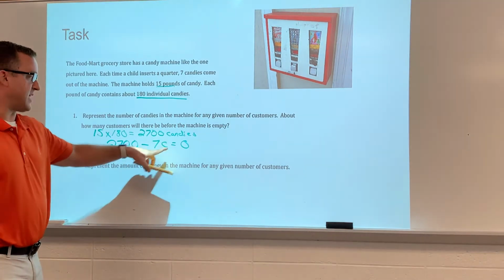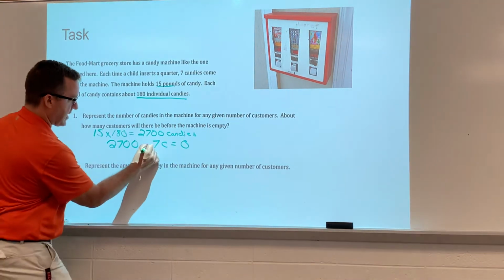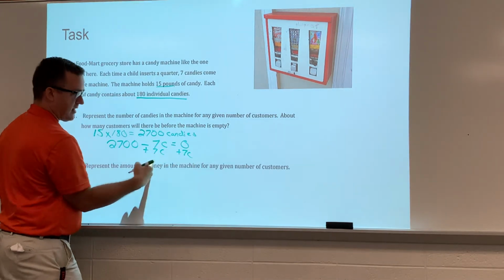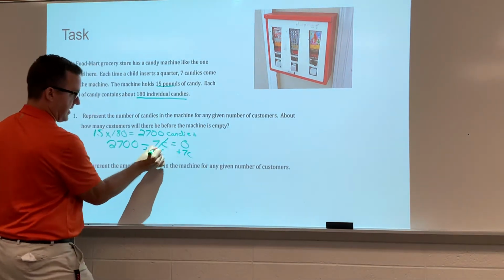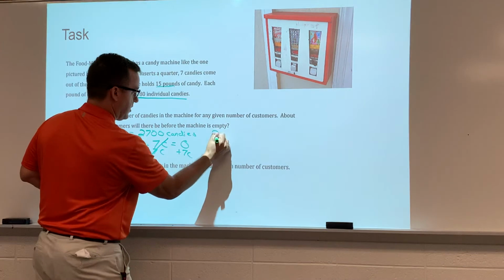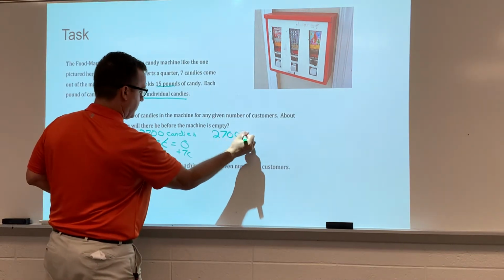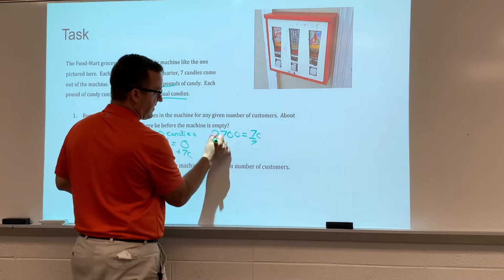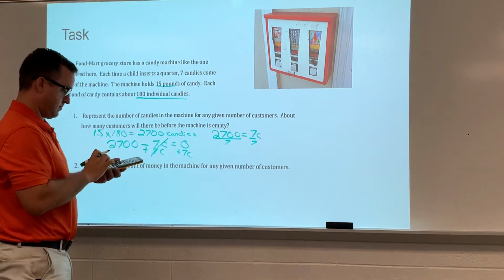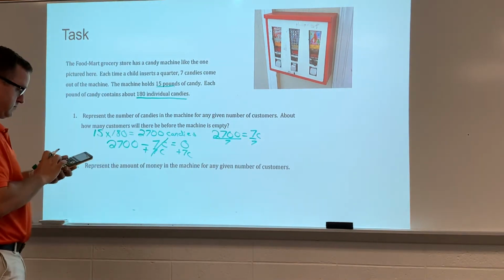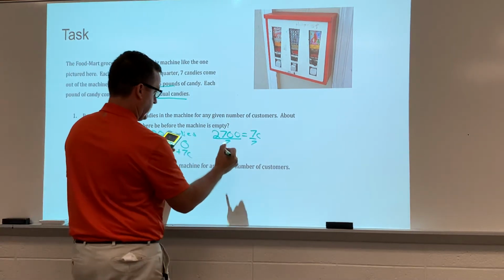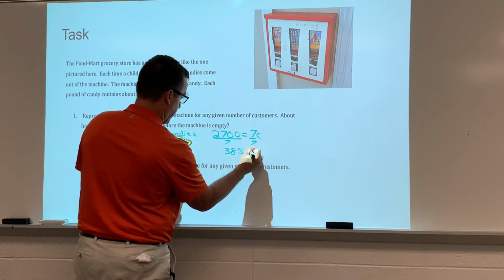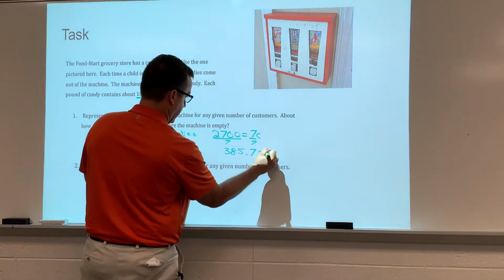What I'm going to do is add the 7c over to the other side, and I'm going to write that over here. So that's going to cancel out and make 0. So we have 2,700 candies equals 7c. And I'm going to divide that by 7, and we have 385.7 equals c.